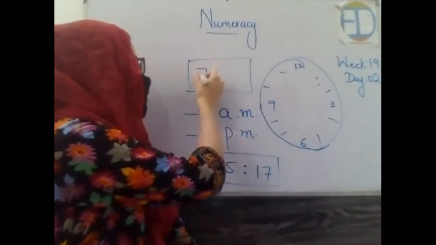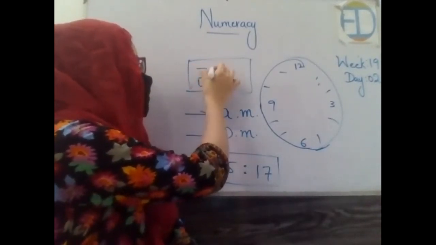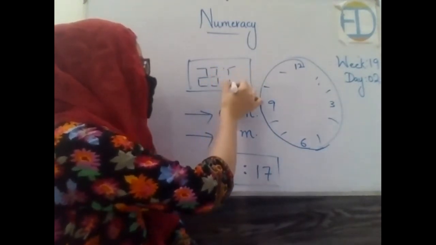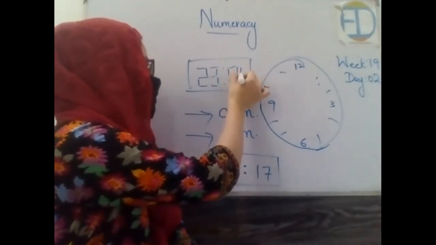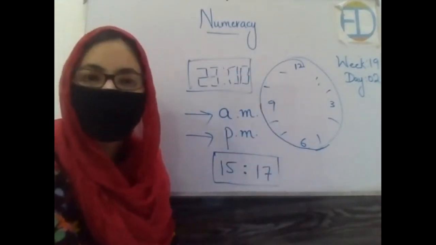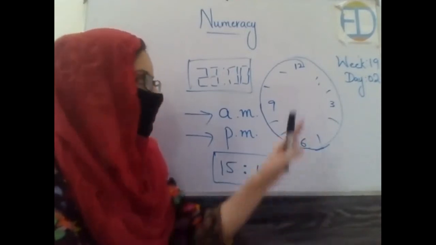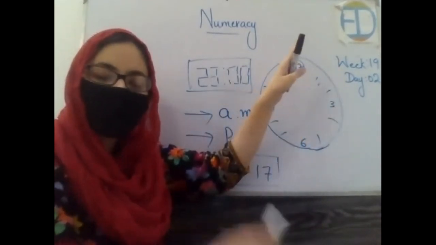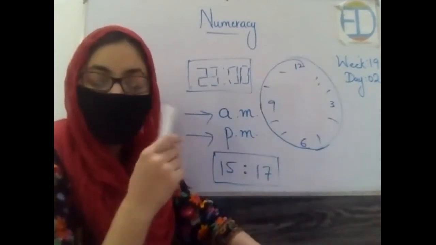Have you seen such a thing? This is 23, right? Do we have 23 on this clock? No. We start from 1 till 12, then we again start from 1, right?